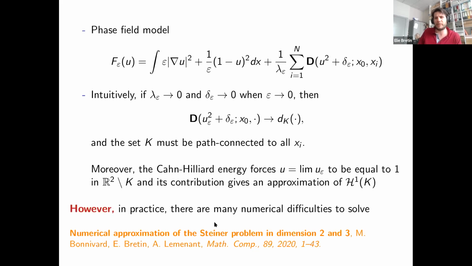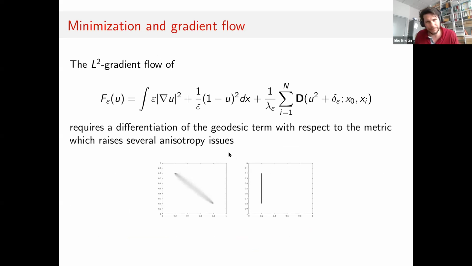However, in practice, there are many numerical difficulties to do this. And this is our contribution in the recent work with Mathieu Bonnivard and Antoine Lemenant. It is very difficult because if I want to minimize F epsilon, we can consider its L2 gradient flow.